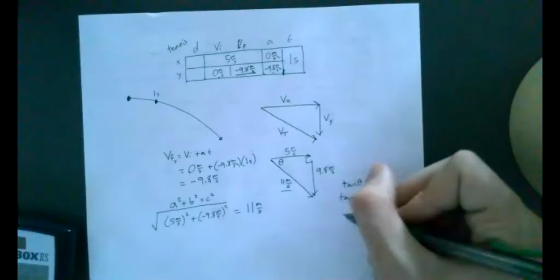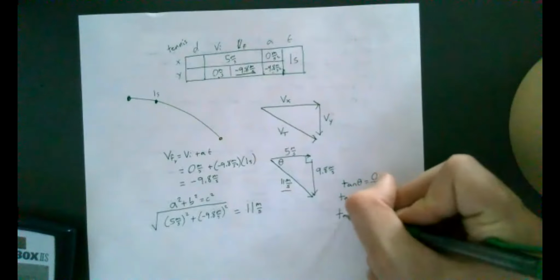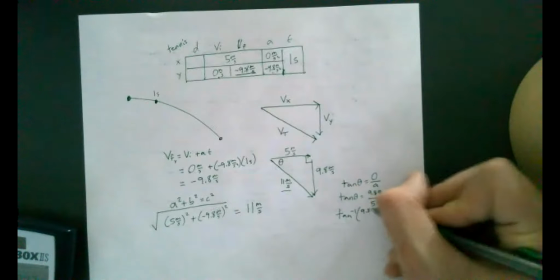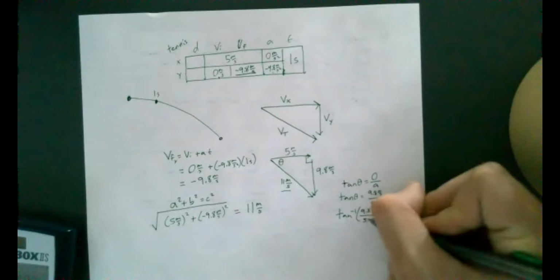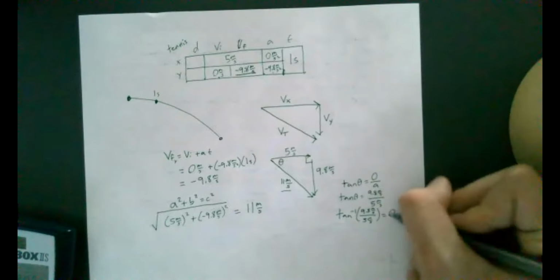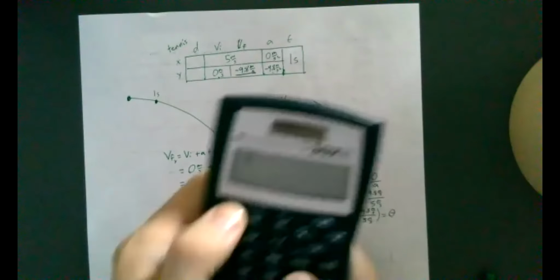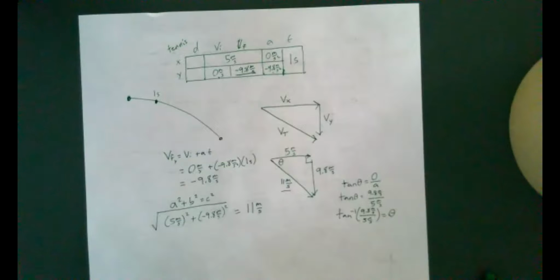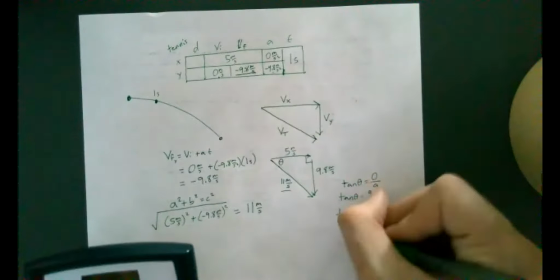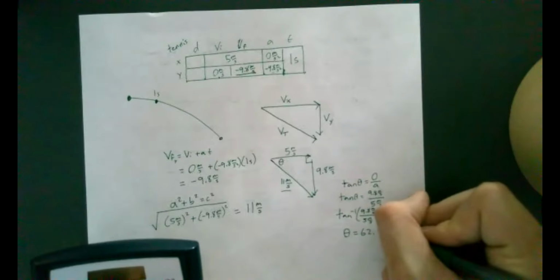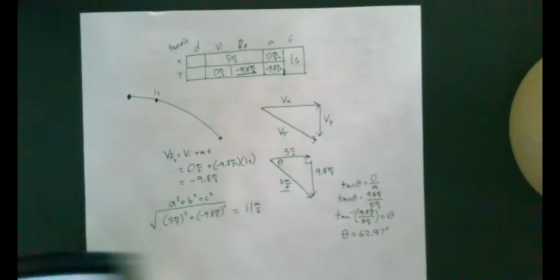And so if I inverse tangent to get the angle by itself, my angle is going to be second on the calculator, tangent of 9.8 divided by 5, giving me an angle of 62.97 degrees.